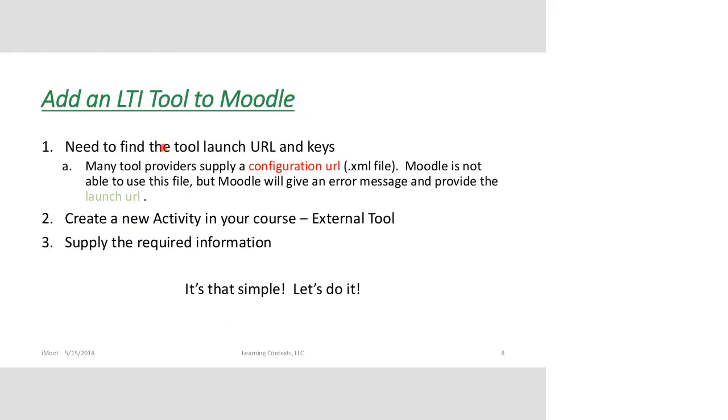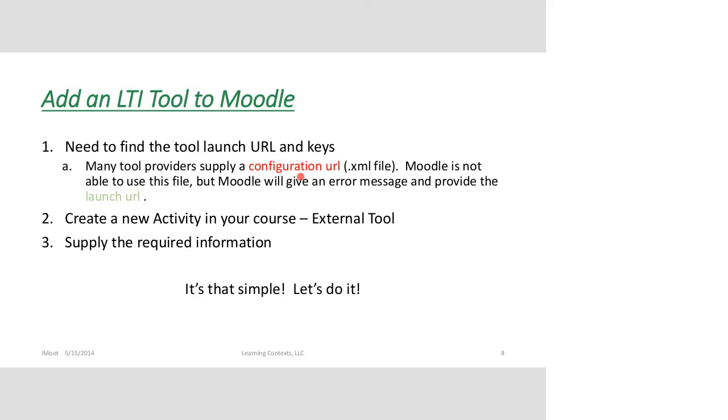So what do we need to do to add an LTI tool to Moodle? Well, the first thing you need is the launch URL and keys. And one thing that will be very confusing at first is most LTI providers give you a configuration URL. That is an XML file.